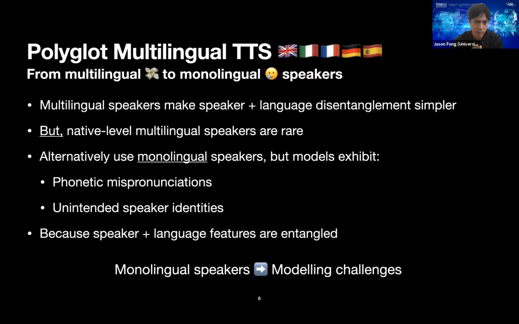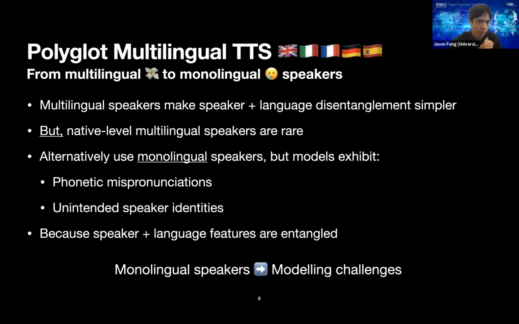And so the alternative is to use monolingual speakers. I think the previous Google paper, published two years ago, looked into doing this, and they used some approaches where they try to remove speaker information from the text encodings. These models perform quite well, especially when you have many monolingual speakers. But when you reduce the number of monolingual speakers, because there's a high correlation between the speaker and language ID, because if you know the speaker, and there's only one speaker for that language, you would know exactly what language it is, these models tend to entangle the speaker and language features during training.